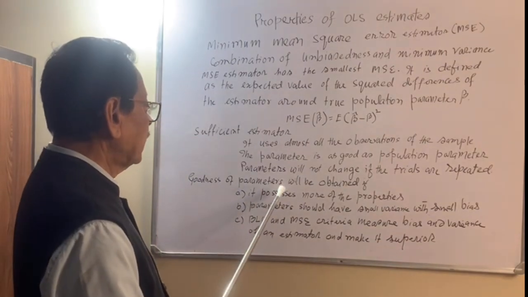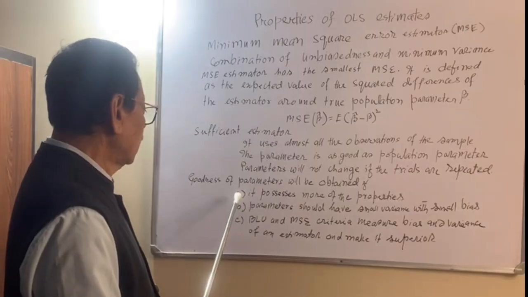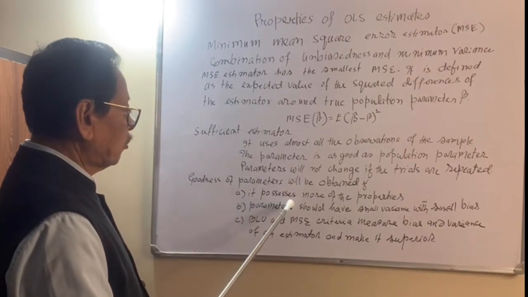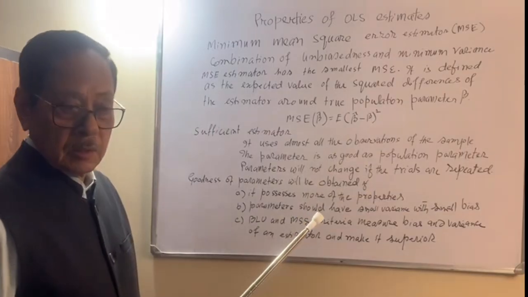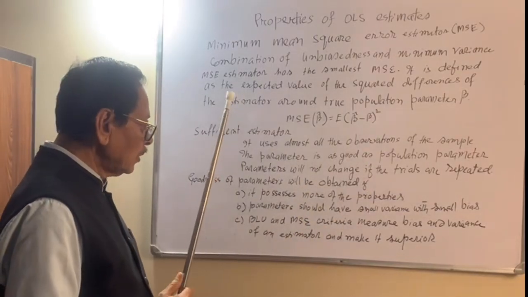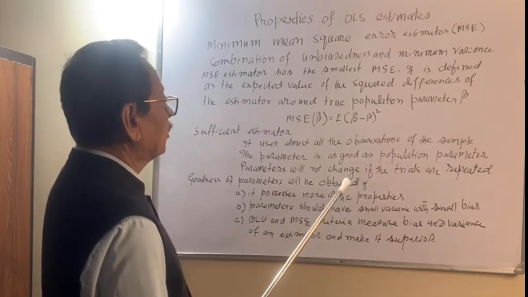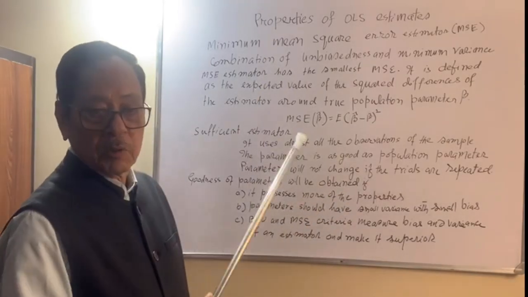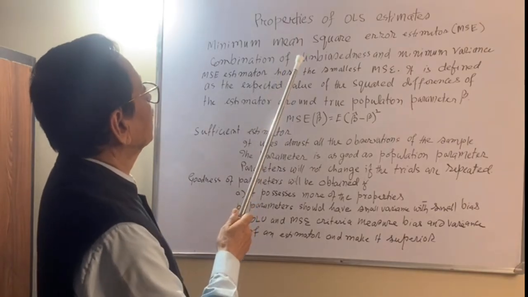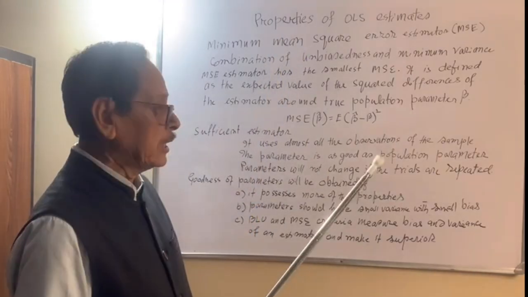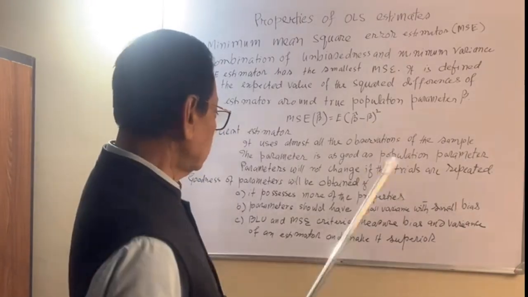Now, the goodness of parameters will be obtained if, number one, it possesses more of the properties. We have discussed about five or six properties. The OLS BLUE estimates we will discuss later on in detail, and you will get it in the PDF also.